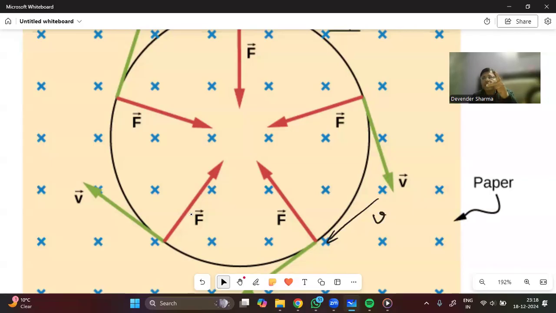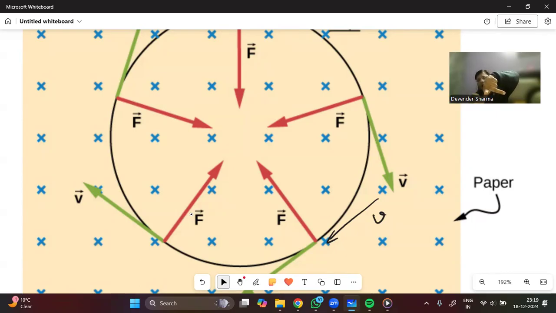So what do we have to apply? We have to apply this left hand rule. See my video also. The magnetic field is inward. Cross, as I told you yesterday also, cross means inward. So this is the index finger, it is moving inward. Then velocity. This is right now going in the opposite direction, so we have to twist our wrist. Remember, we have to move the wrist. We will not move anything else.